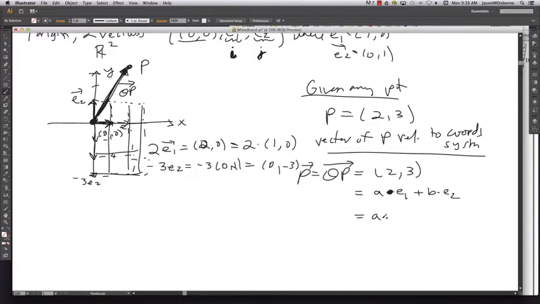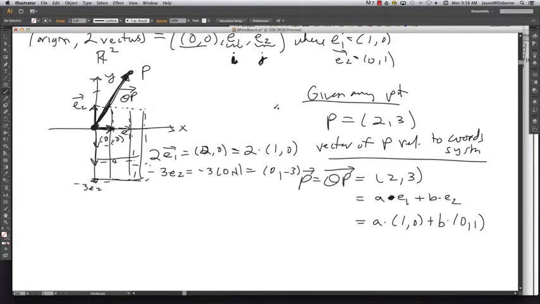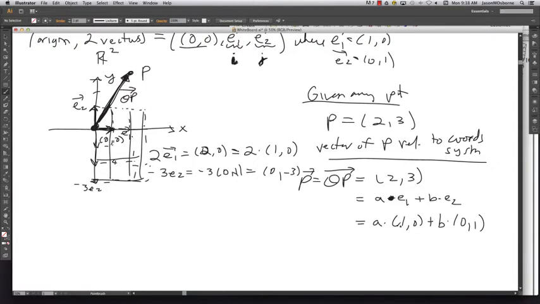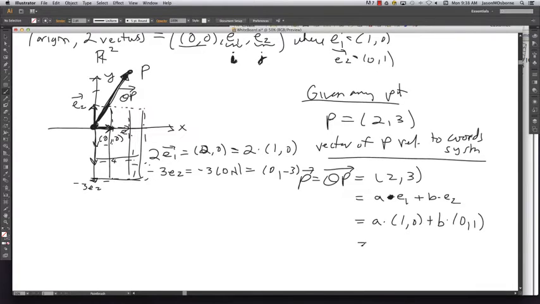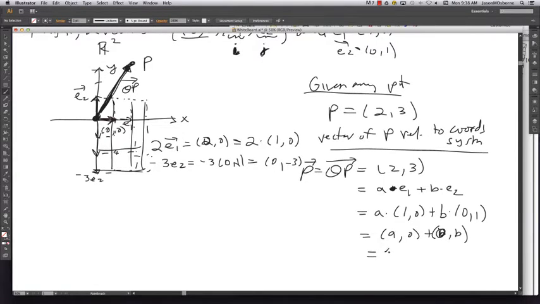So this will give us A times 1, 0 plus B times 0, 1, just using the definition of what vectors we had chosen for our coordinate system. This will give you A times 0 plus B, 0 comma B. And we know how to multiply and we know how to add vectors, so this will be A comma B.